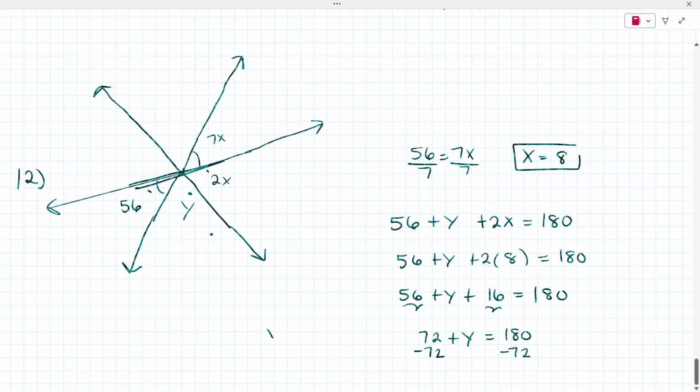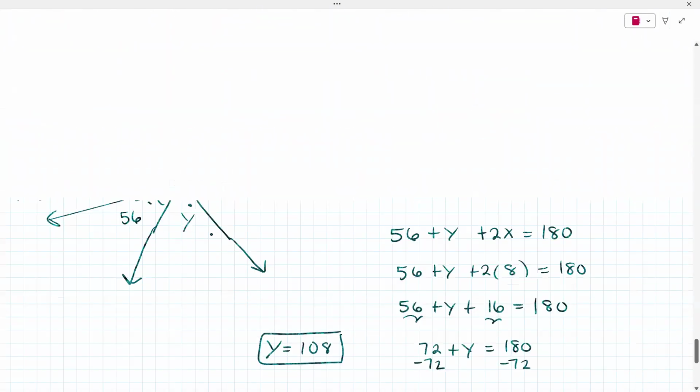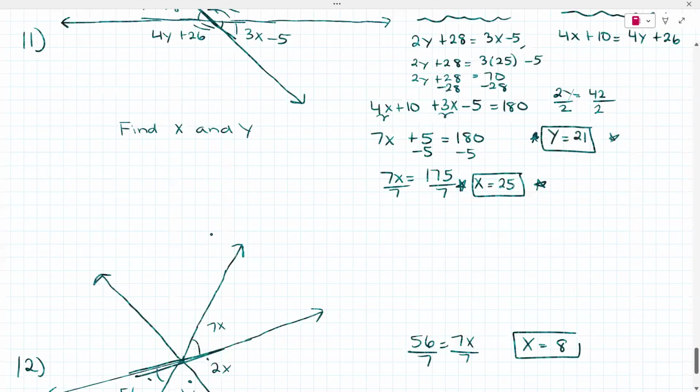And we get y equals 180 minus 72, which is 108. Okay, so we have what y is, we have what x is. So that's the last example for that video.